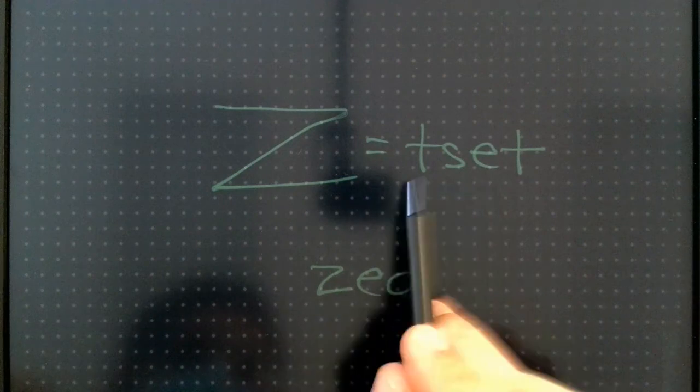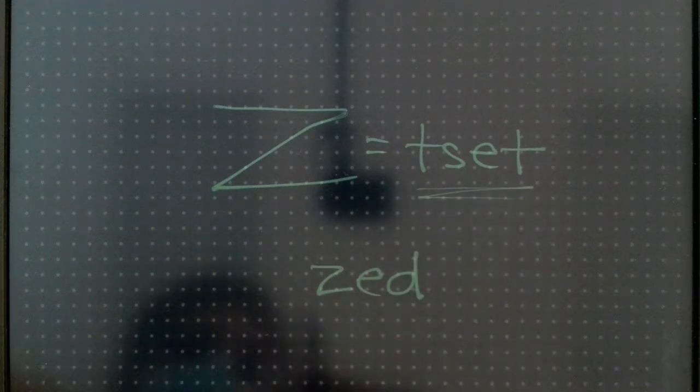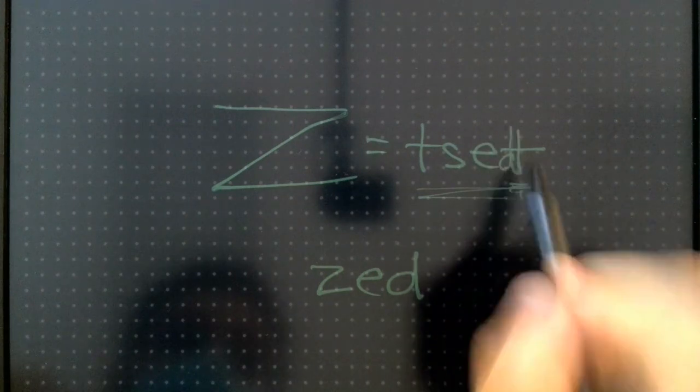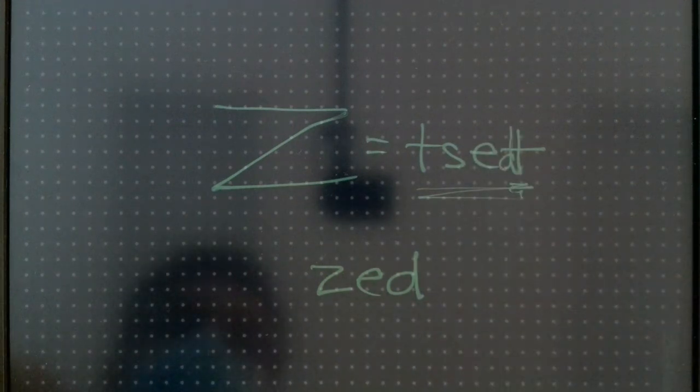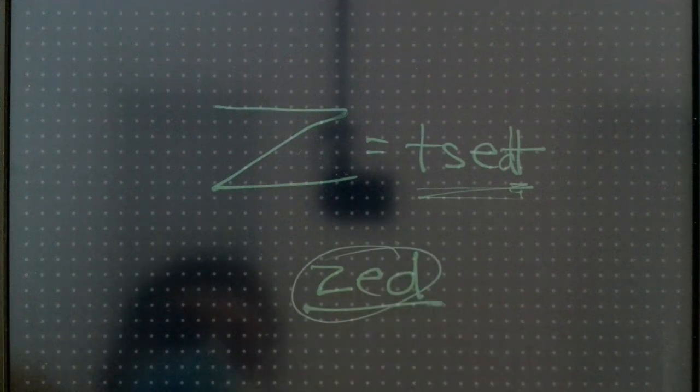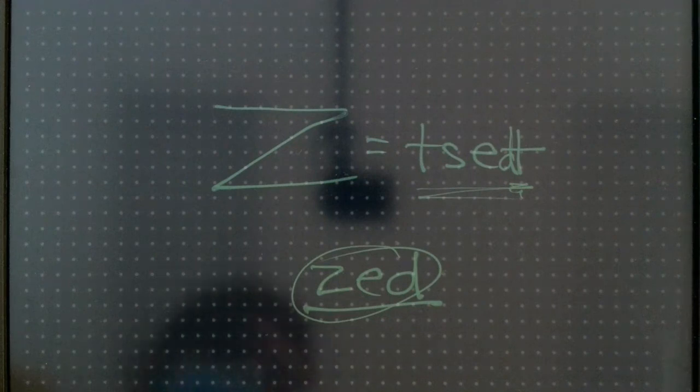And that comes from the German, "tset." And that last T is kind of a combination of two sounds. So instead of thinking of the American English alphabet, think of the British English, Canadian, etc. "Zed," and that will hopefully help you remember "tset."